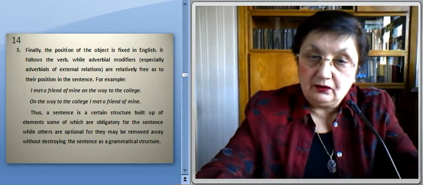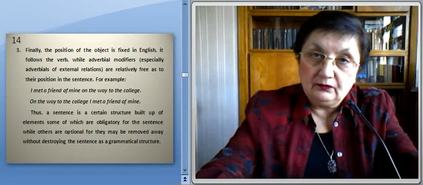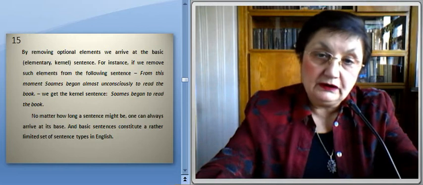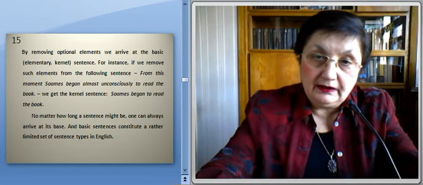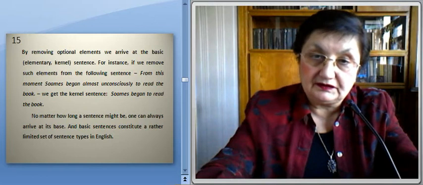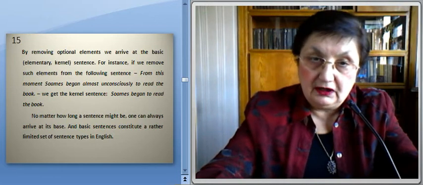By removing optional elements, we arrive at the basic, elementary or kernel sentence. For instance, if we remove such elements from the following sentence, "From this moment Psalms began almost unconsciously to read the book," we get the kernel sentence, "Psalms began to read the book."